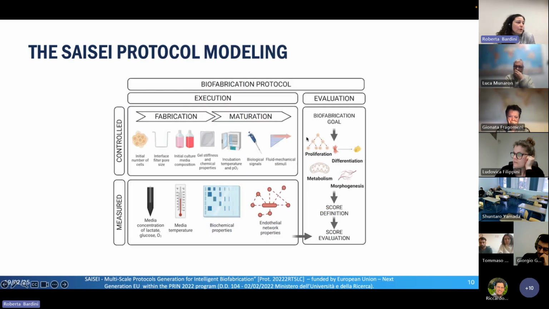This is because our objective is to model and to optimize what we call a biofabrication protocol. So the initial setup and design of the in vitro model and the process parameters we control along the culture.